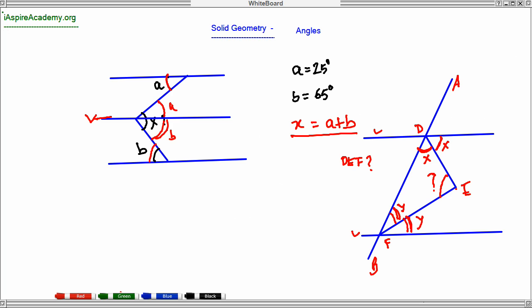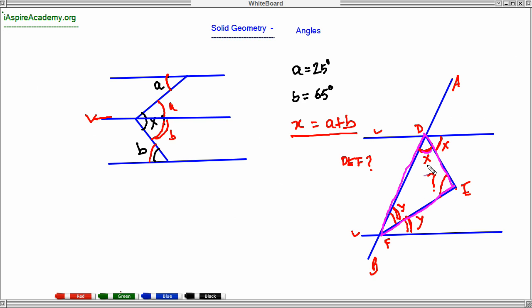To solve this problem, we have to again think about which of the formulas we learned can apply. I have chosen a different color just to have some variety here. Let's say we know this angle is equal to this, X. One way to approach the problem is to think of this triangle. What do we know about this triangle?